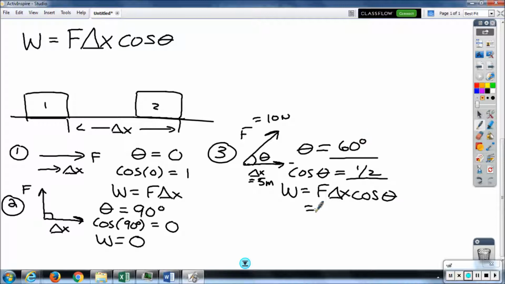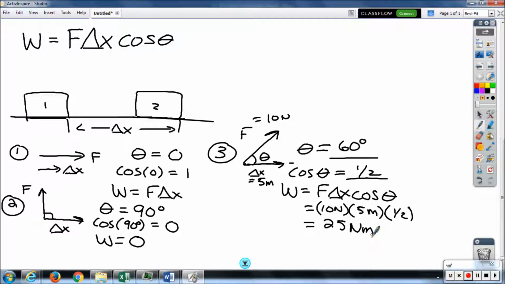So F, which is 10 newtons, times delta x, which is 5 meters, times the cosine of 60, which is 1/2, equals 25 Newton meters. So that's how much work that force does as the box moves 5 meters across the floor.